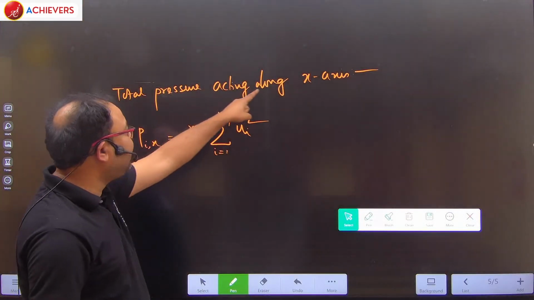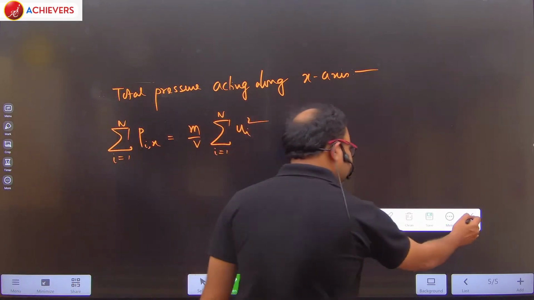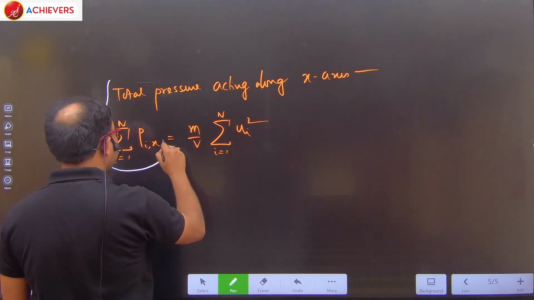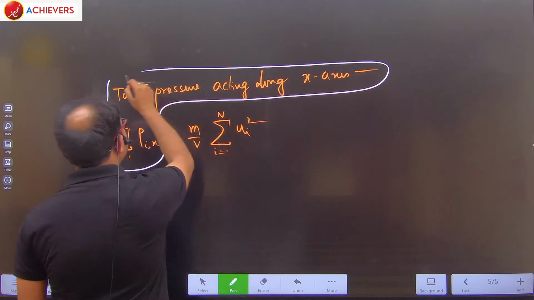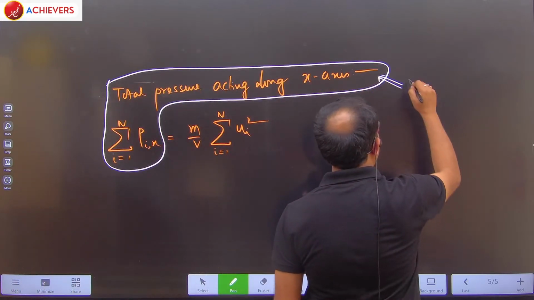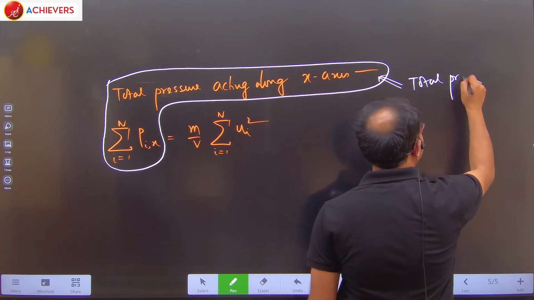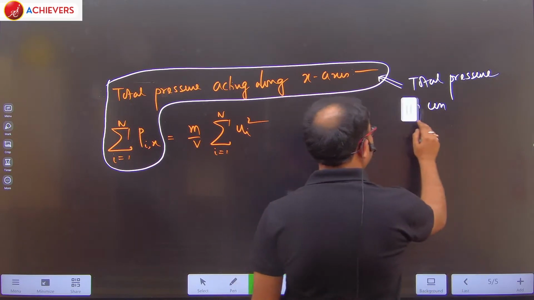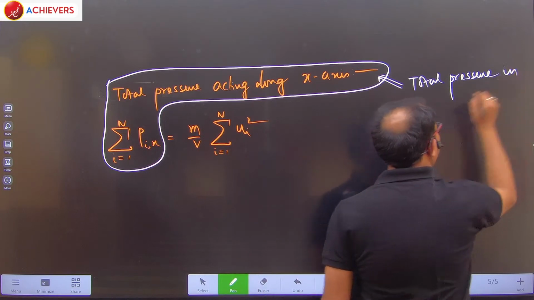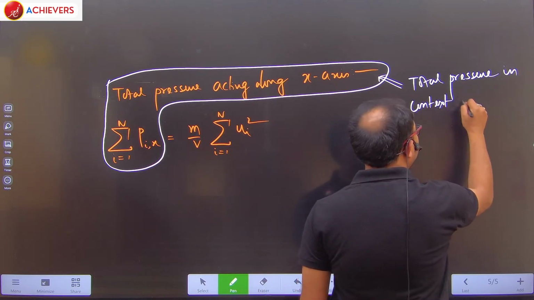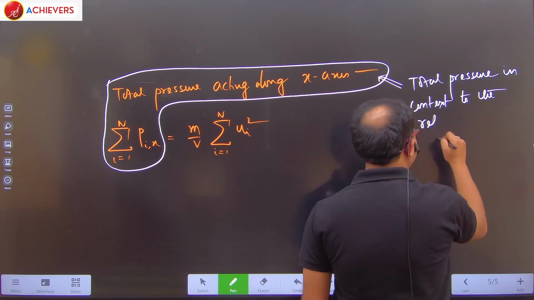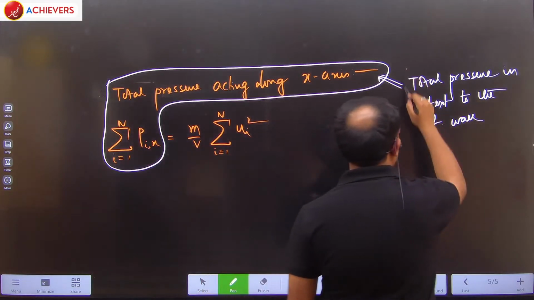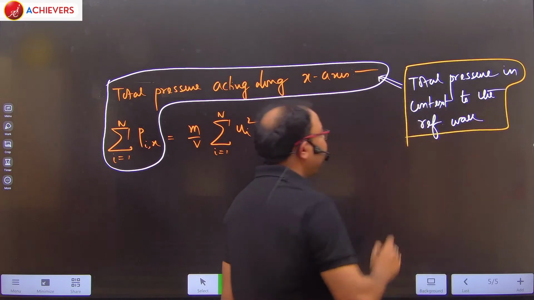The total pressure acting along the x-axis is nothing but the total pressure in context to the reference wall.